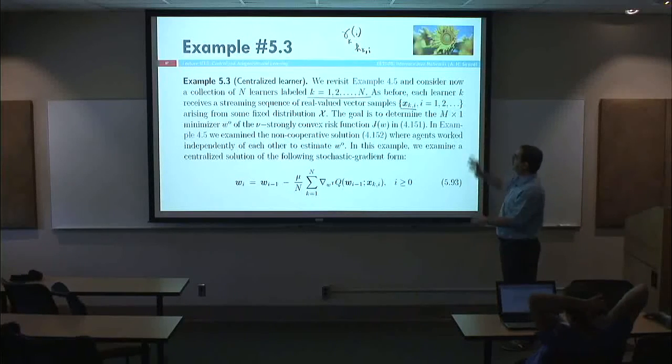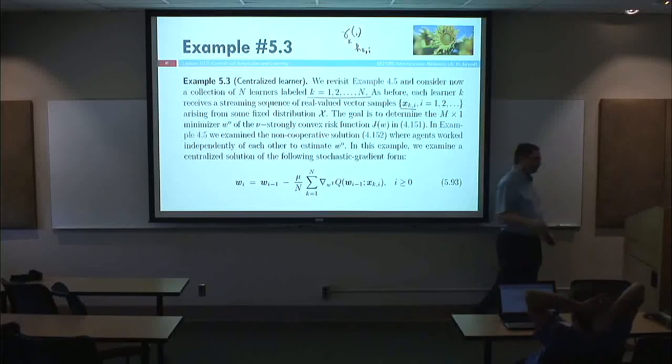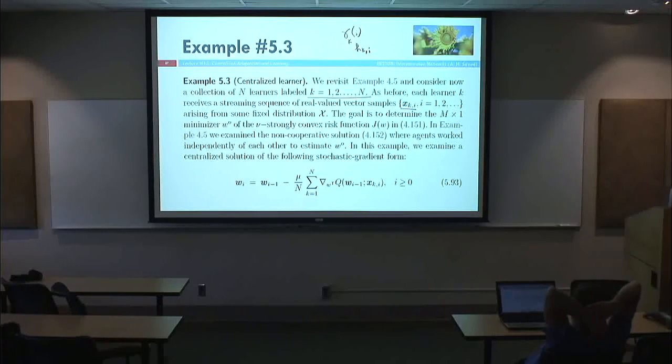So I group them into and call them x. So if you want to minimize an aggregate risk function, which is the sum of individual costs, which is the sum of individual risks.